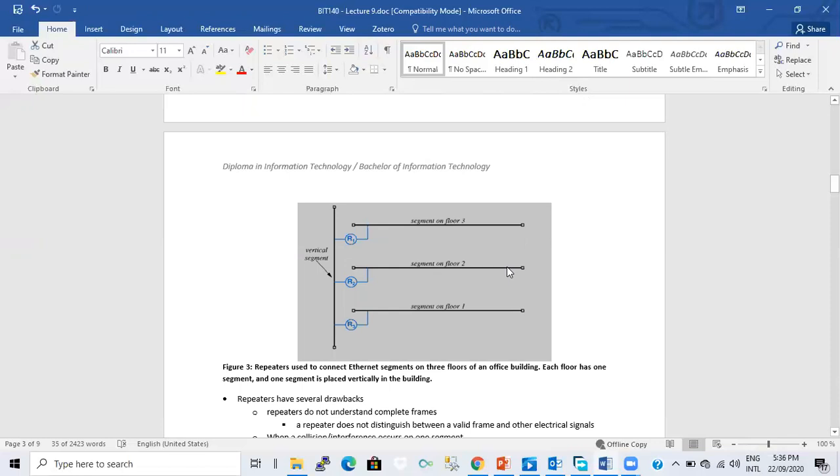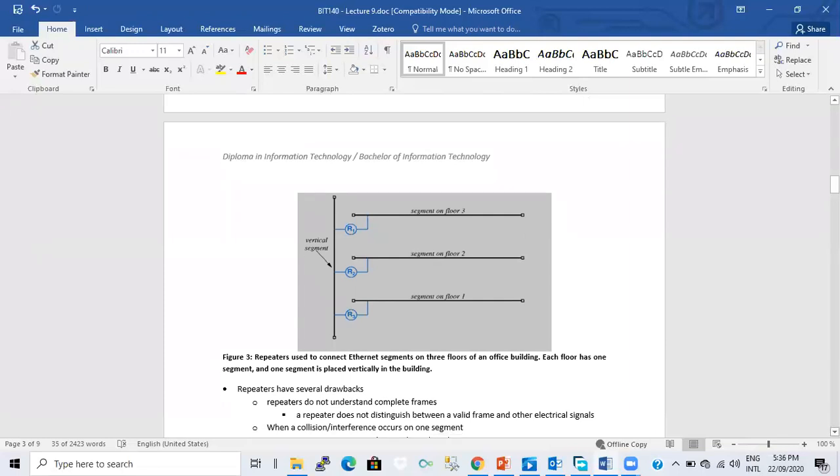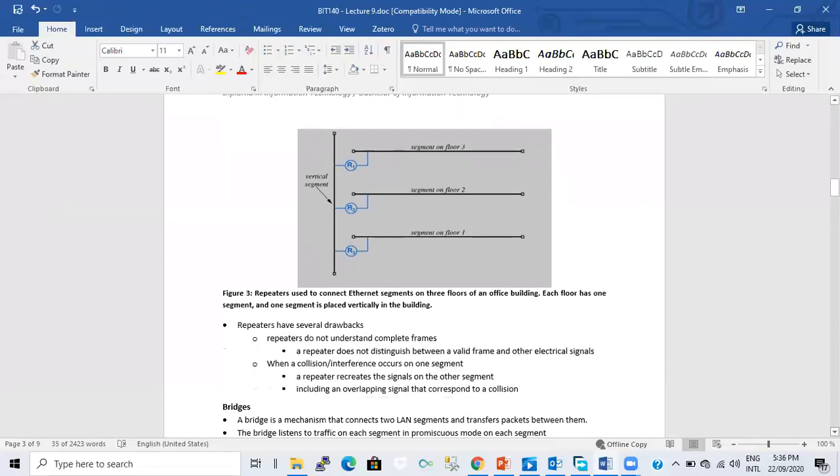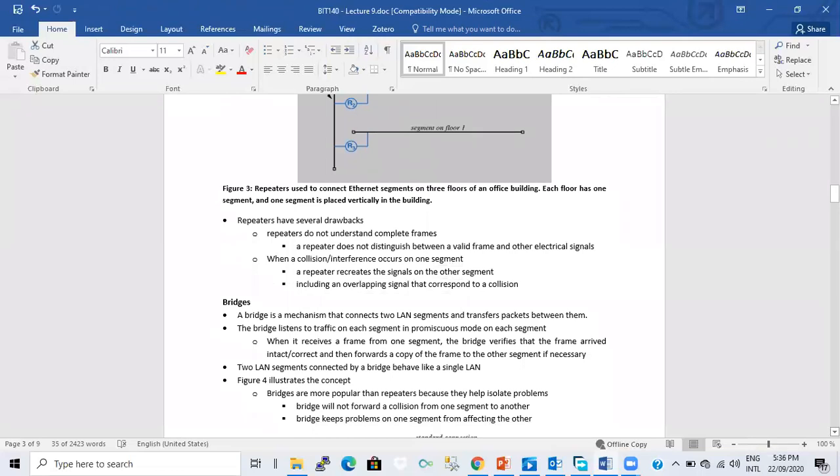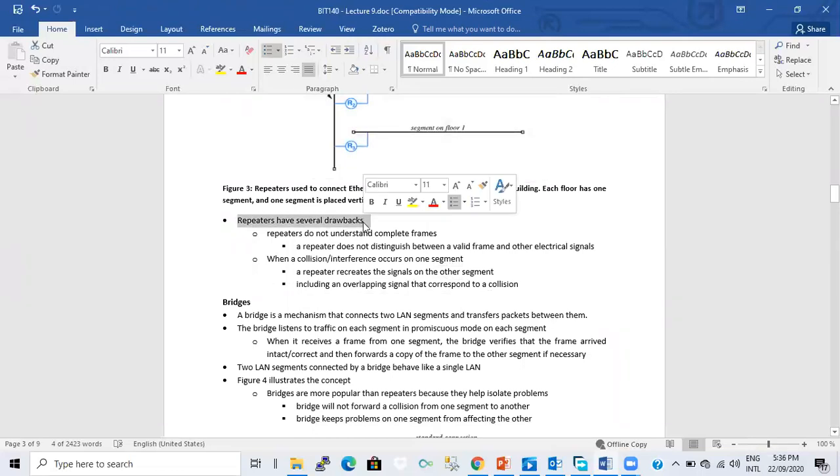So a repeater can still be used in such a building whereby you have one long cable where each floor has a repeater that is used to replicate the signal and send to the various computers on that floor. Repeaters, in as much as they are good, help us to extend a network.